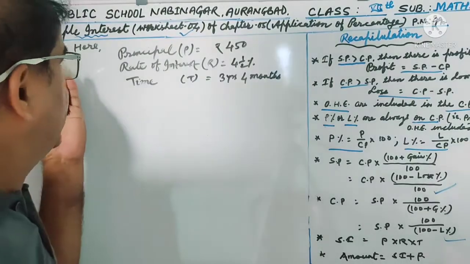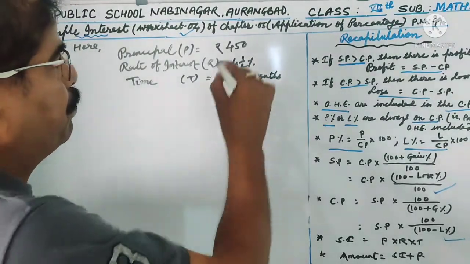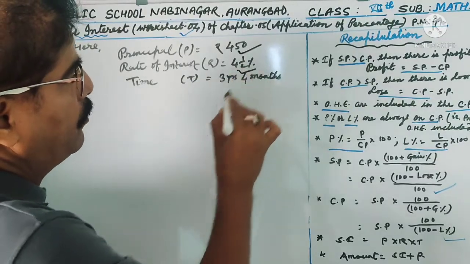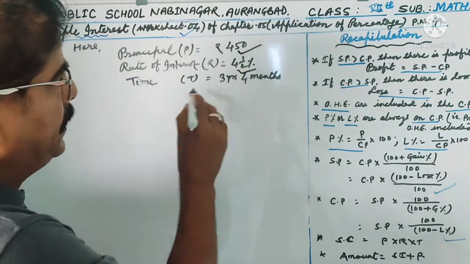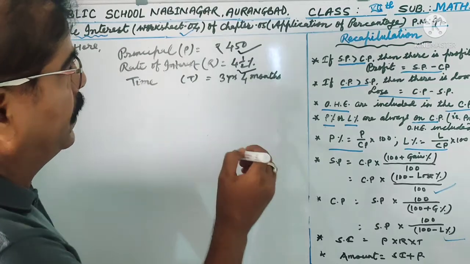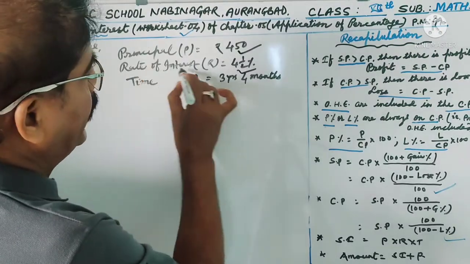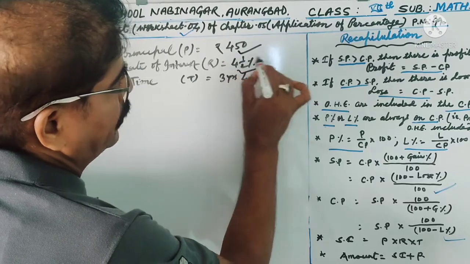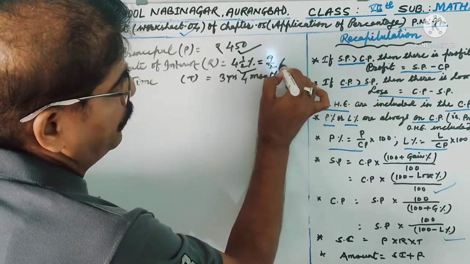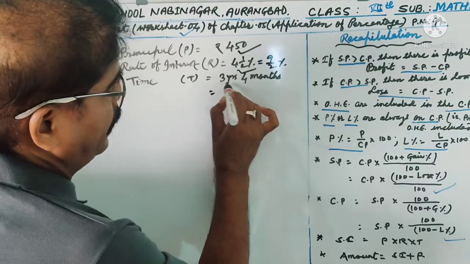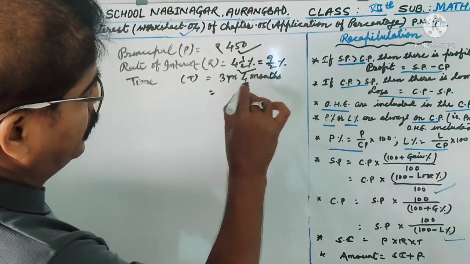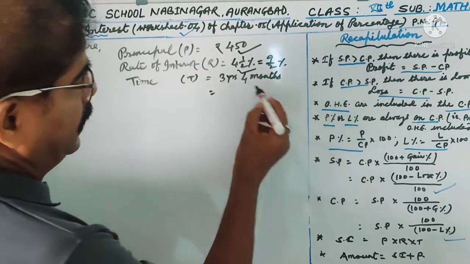Question 2: here principal is 450 rupees, rate of interest R is 4 and 1 by 2%, time is 3 years 4 months. Here, students, rate of interest 4 and 1 by 2% is 9 by 2%. For time, first you convert years and months into years.